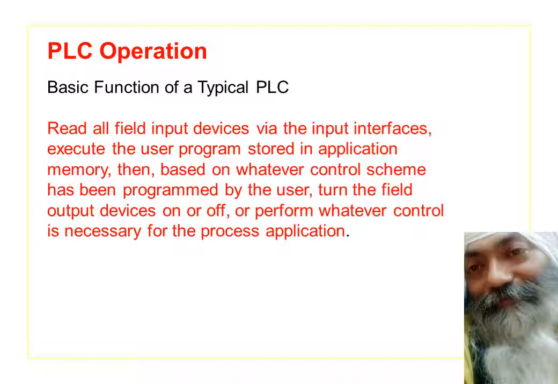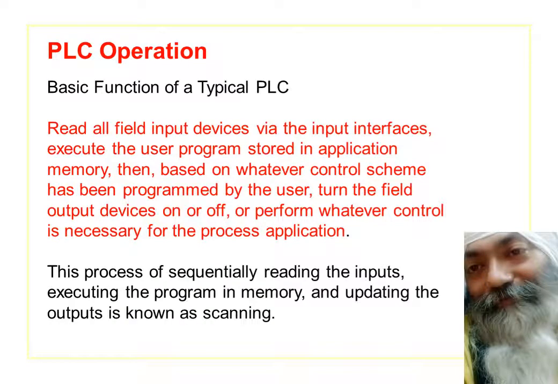So this thing we will be understanding diagrammatically, making use of two different slides to understand how this operation happens. This process of sequentially reading the inputs, executing the program in memory, and updating the outputs is known as scanning. This entire thing is a cyclic process.